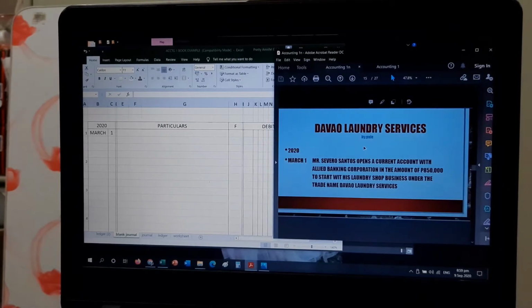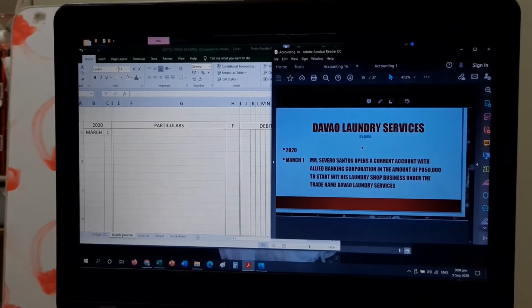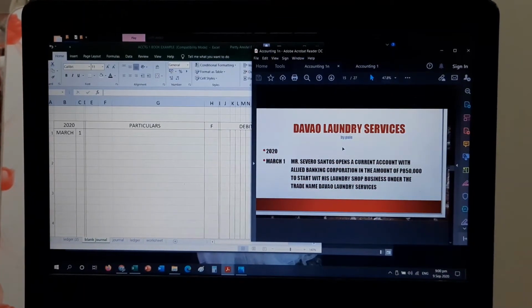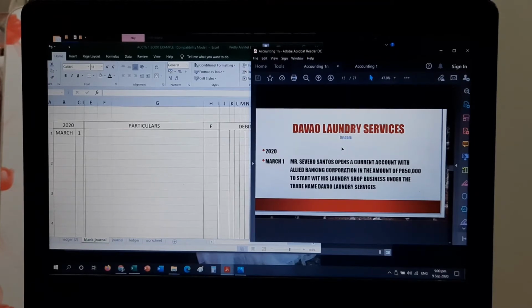So let's go back to the problem. Mr. Severo Santos opens a current account with Allied Banking Corporation in the amount of 850,000 to start his laundry shop business under the trade name Davao Laundry Services.